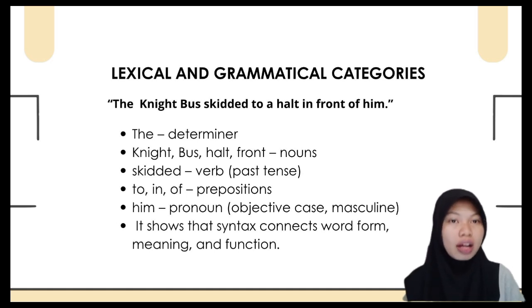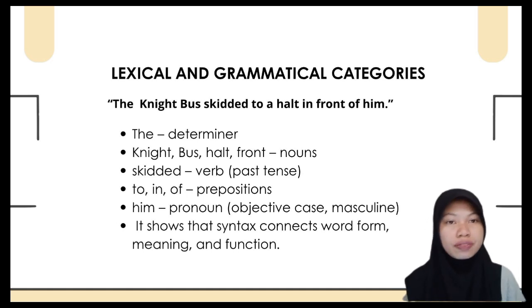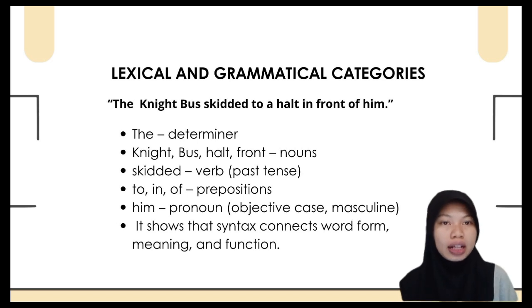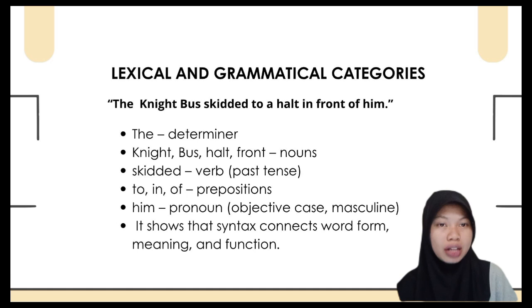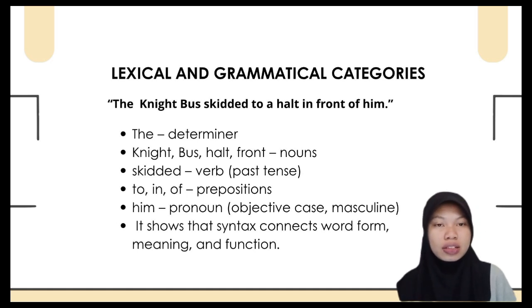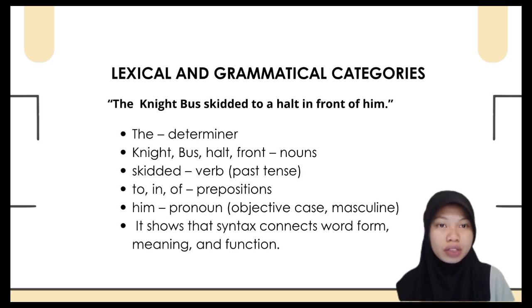Night, bus, halt, and front are nouns. Skidded is a verb in the past tense. To, in, and of are prepositions, and him is a pronoun in the objective case and masculine gender. So this analysis shows that syntax connects word form, meaning, and function all together in one system.